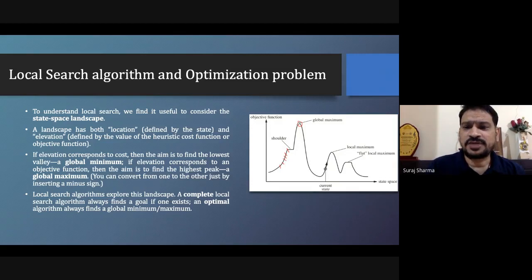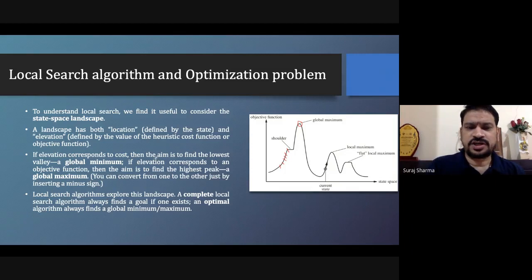If our objective is to get the highest cost, this is my value where we get the maximum objective function. So the objective function can give the maxima or the minima, based on your problem, whether we want the maximum or the minimum value of the objective function. In both cases, it is called global maxima.